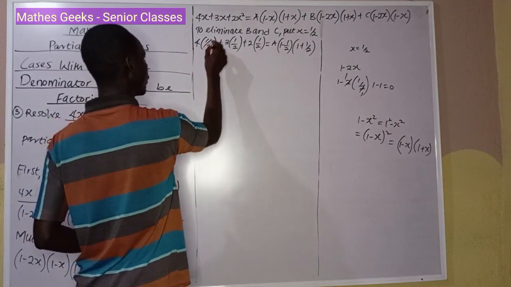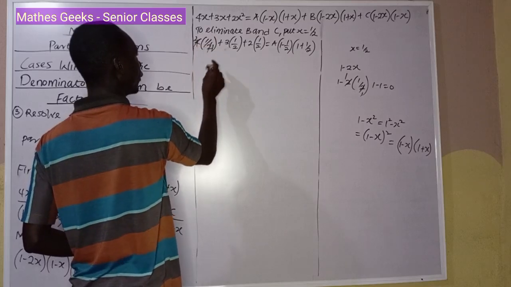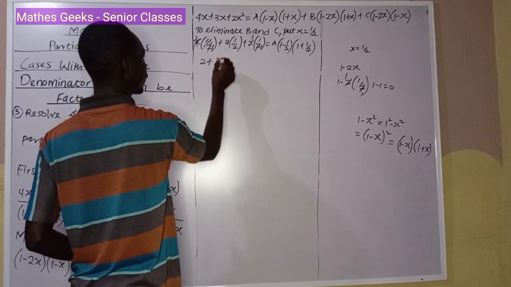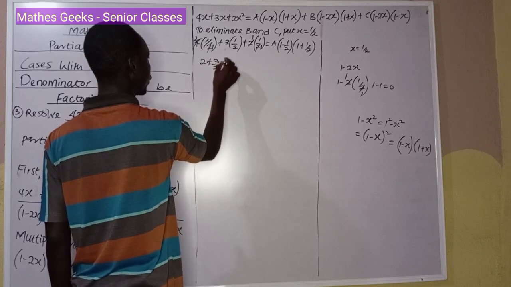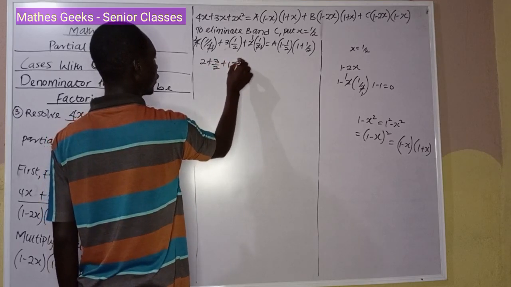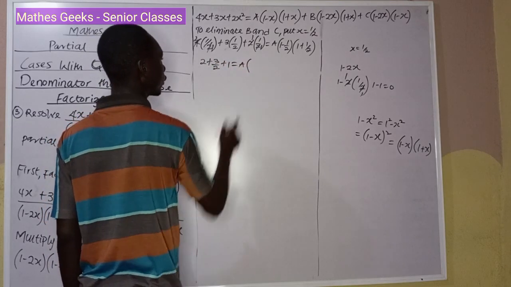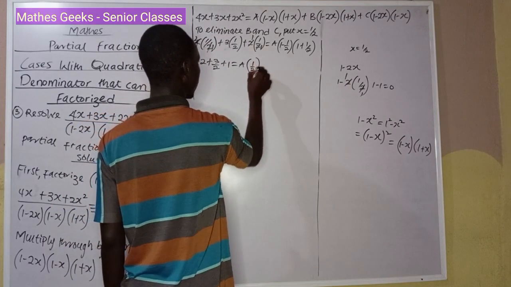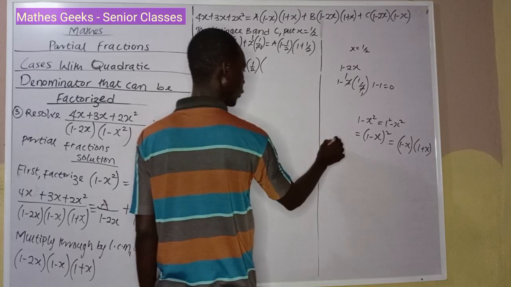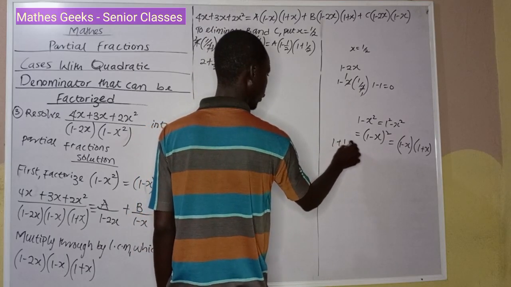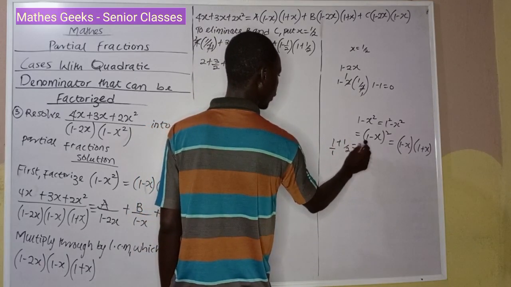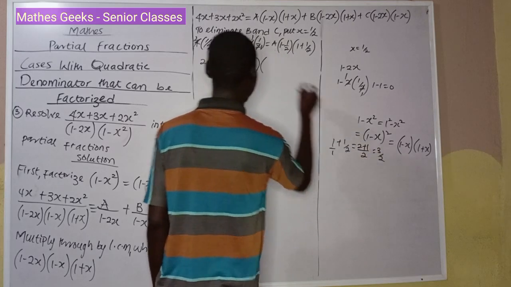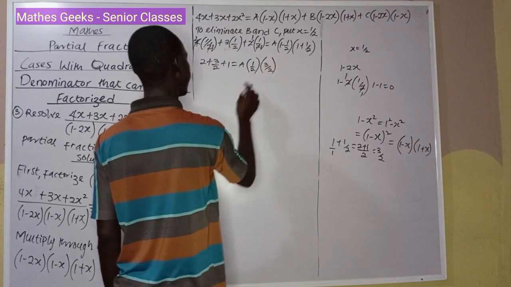So 1 minus 1 over 2 will give us 1 over 2, and 1 plus 1 over 2, the LCM is 2, so 2 plus 1 is 3 over 2.